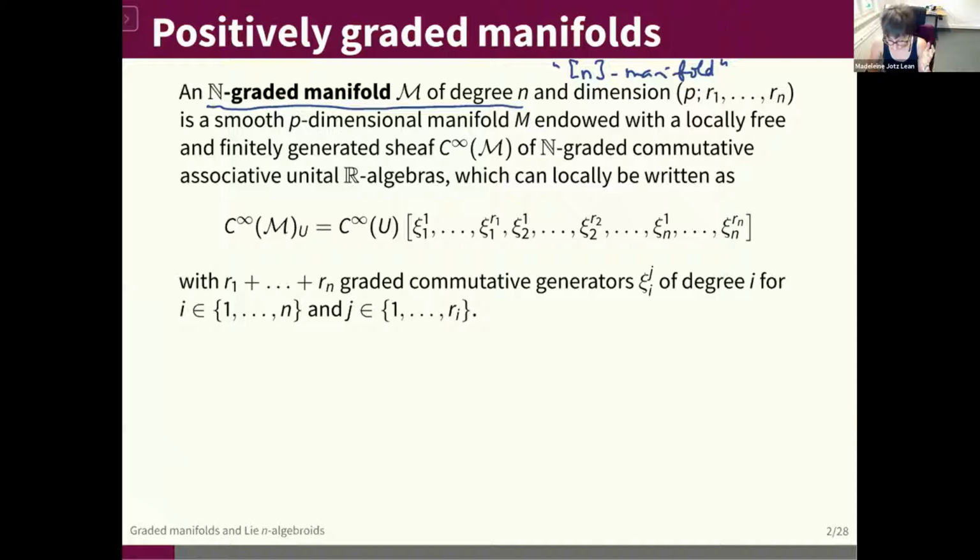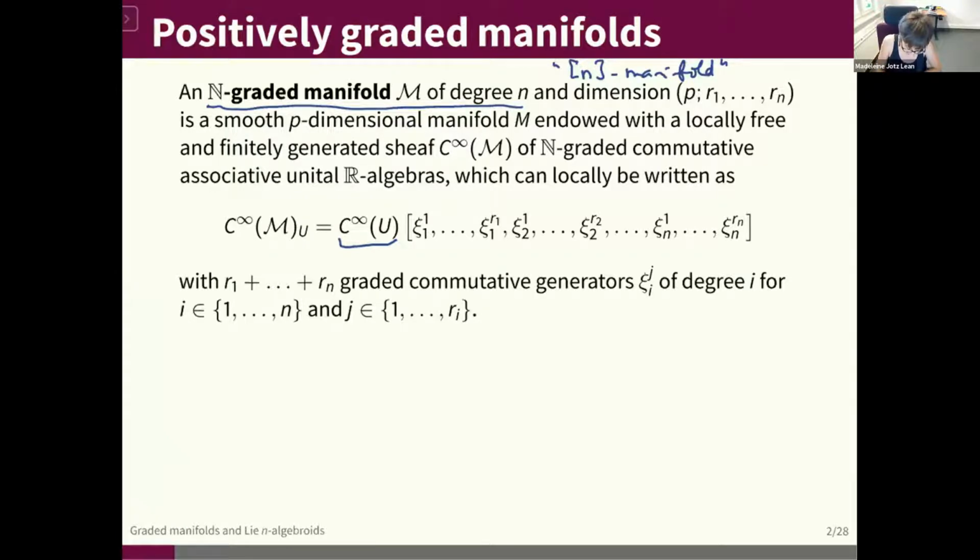So you have a locally free and finitely generated sheaf of n-graded commutative associative unital algebras, which locally look like polynomials in graded generators with coefficients in the local smooth functions on the manifold. And those generators graded commute.